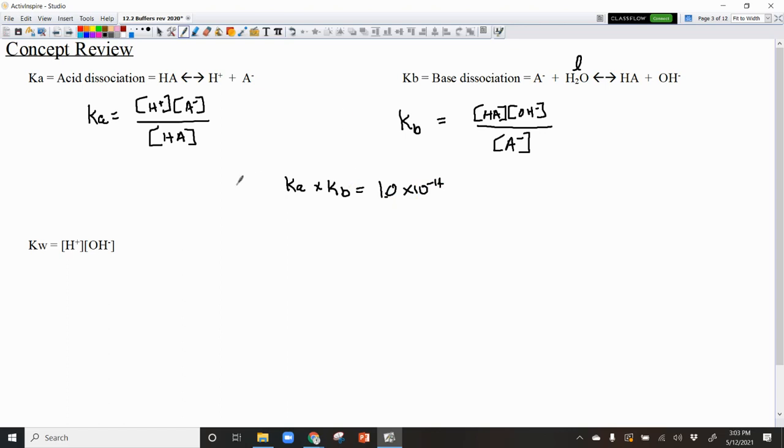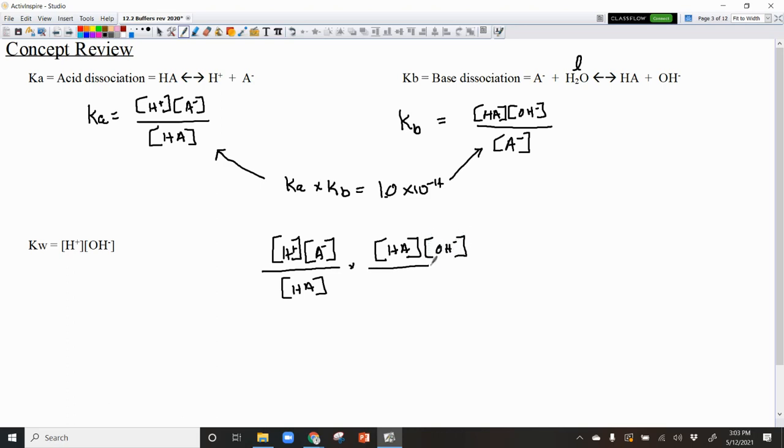Okay, so if we substitute this in for Ka and this in for Kb, let's see what we get. So we have the concentration of the hydrogen times the concentration of the base over HA, and this is times the concentration of the acid times the concentration of the hydroxide over the base for this one.